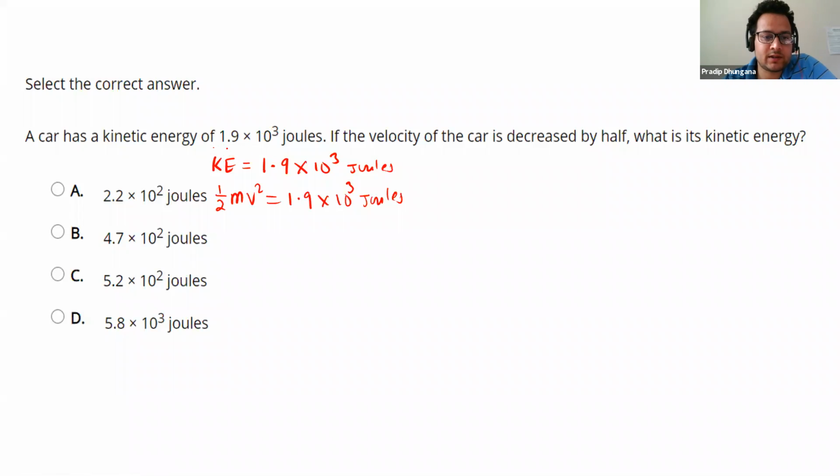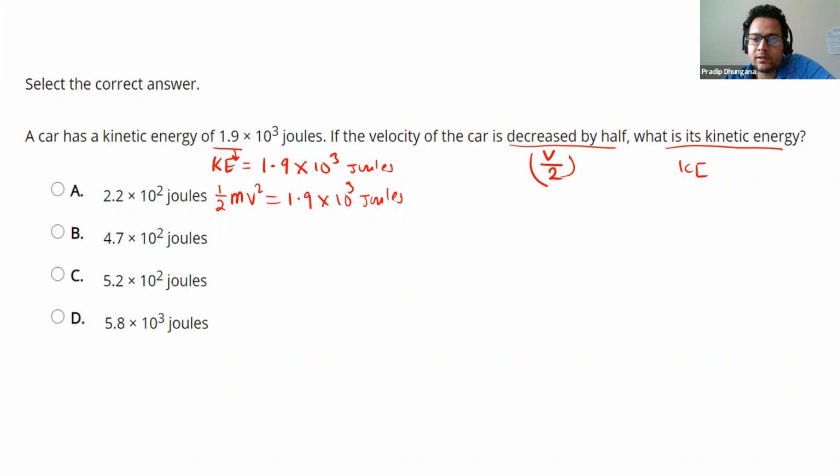The car has a kinetic energy, and I wrote that information here. If the velocity of the car is decreased by half, what is its kinetic energy? Initially the velocity is v, now it decreased by half, so it is v/2.